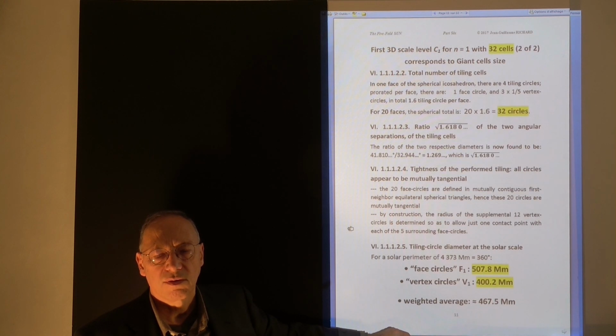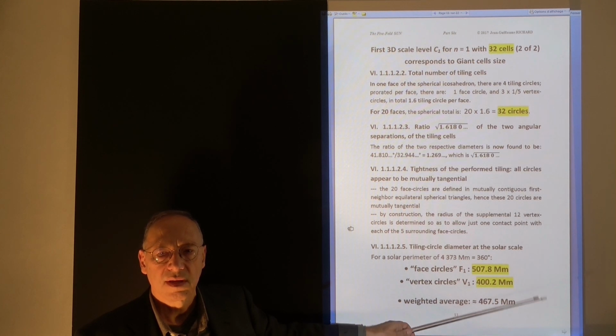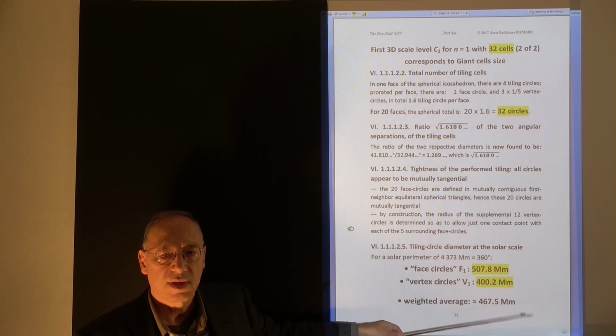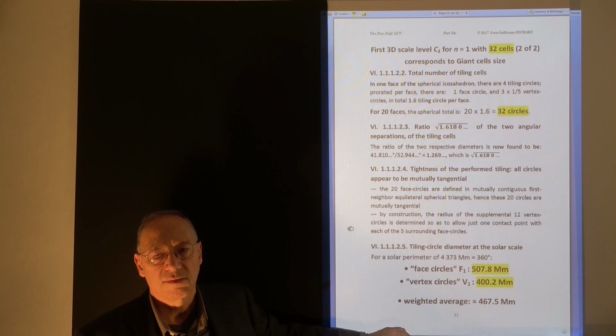If we now go to their linear size in megameters, it is found to be 507 megameters for the large phase circles and 400 megameters for the smaller vertex circles. And you see that these vertex circles correspond almost exactly with the early estimate of the giant cells' typical size by Bumba in 1969.